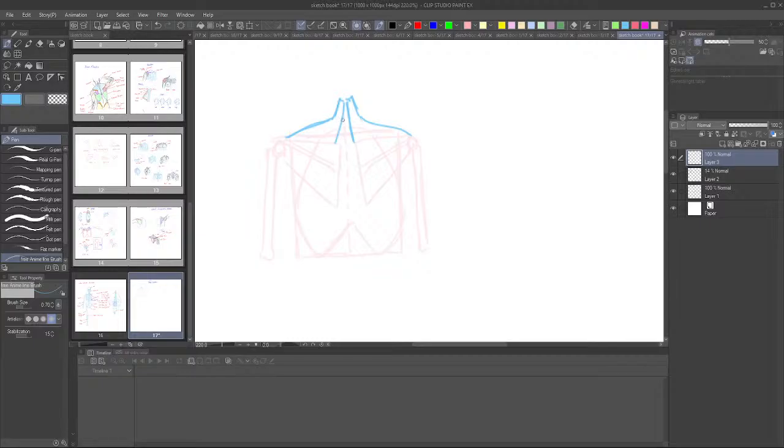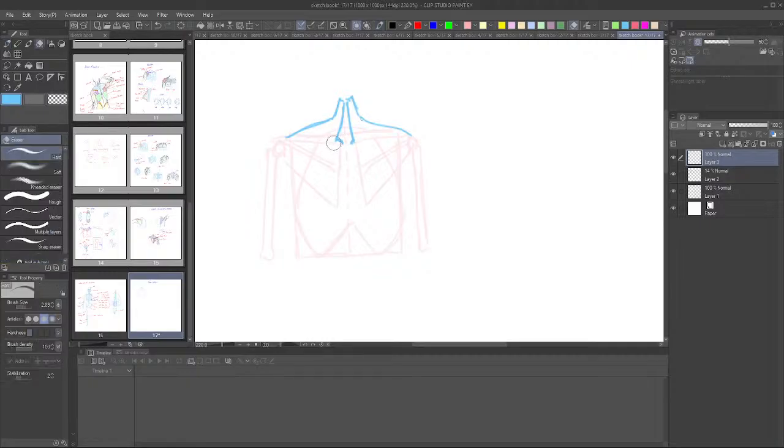And here we have where the shoulders start, not the shoulder, sorry, the scapula, right? The shoulder blades.